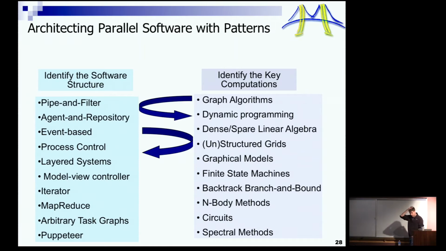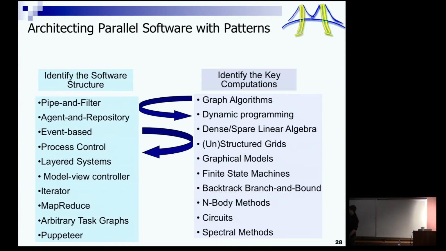Okay, this is our list of patterns. On the left side, there are software structure patterns. That comes from what I was talking about in the beginning, from object-oriented programming and software architecture. I'll go through these later in the lecture.